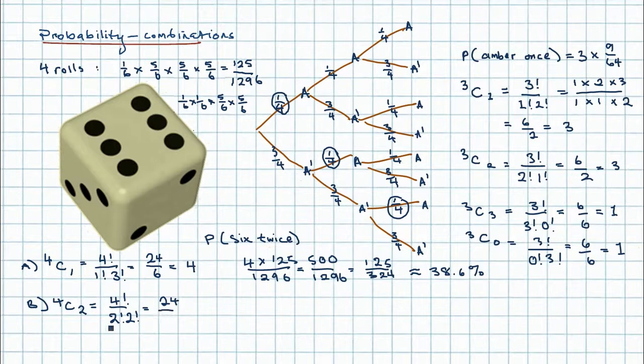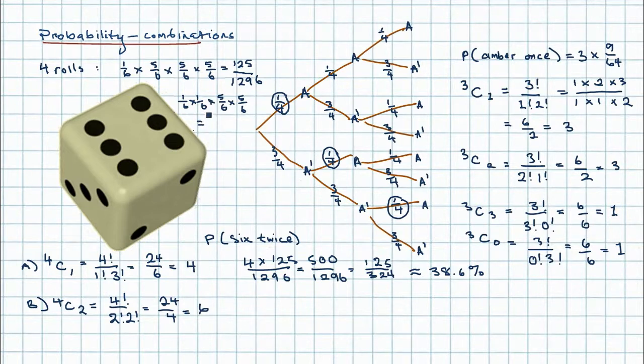So 4 factorial we've already worked out, that's 24. 2 factorial is 2, so 1 times 2, and 2 times 2 is going to be 4. So the number of combinations of 4 choose 2 is 6.